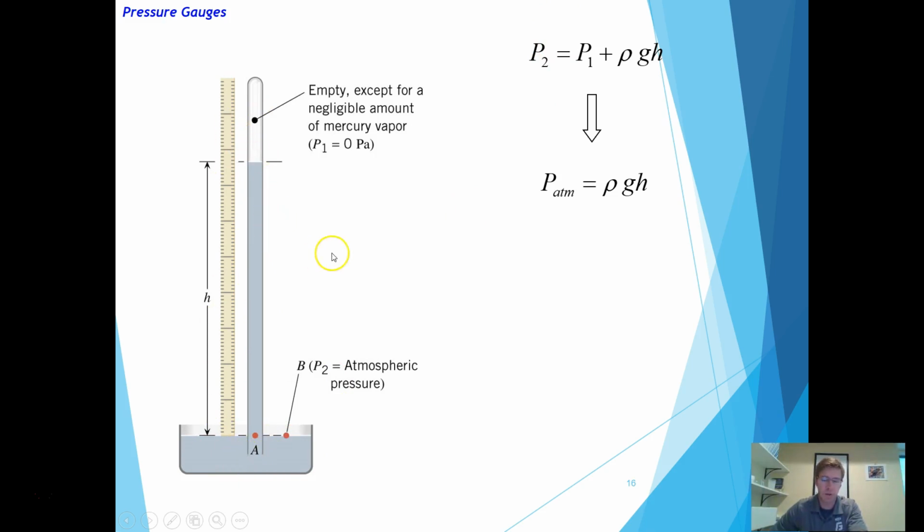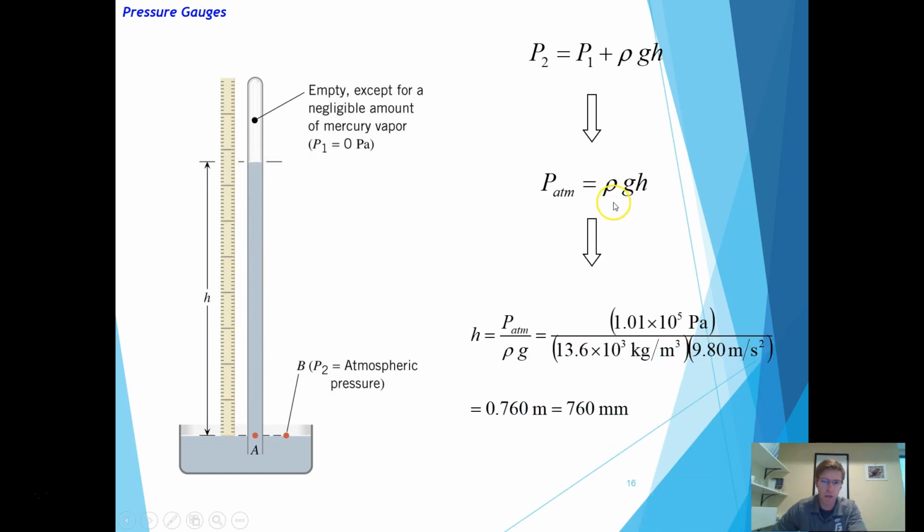You can use water and other things as well, but it's going to push this fluid up here. The pressure down here at the surface must be the same at the same elevation. So the atmospheric pressure pushing down on the fluid here is the same as the pressure inside the tube at point A, and therefore atmospheric pressure must just be equal to rho g h, where h is the height of the fluid.